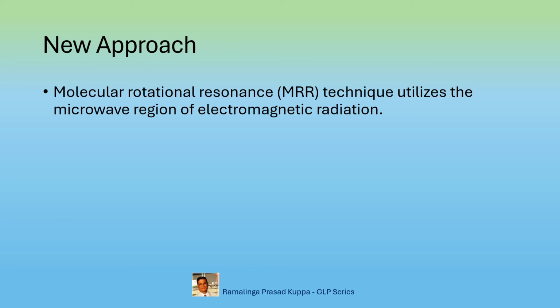Microwaves are a form of non-ionizing electromagnetic radiation. The attractive feature of MRR for residual solvent analysis as a technique is that it can bridge the analytical gaps of conventional methods for analysis of low volatility solvents.